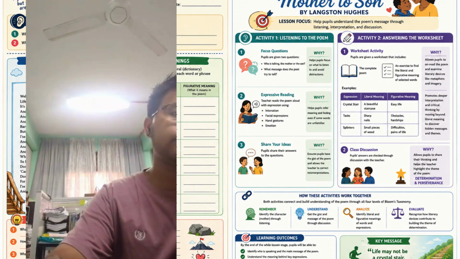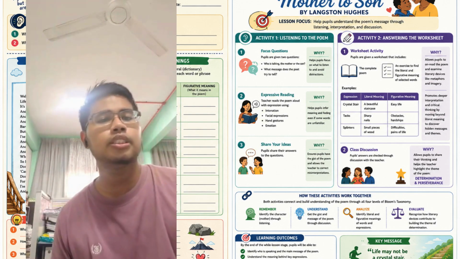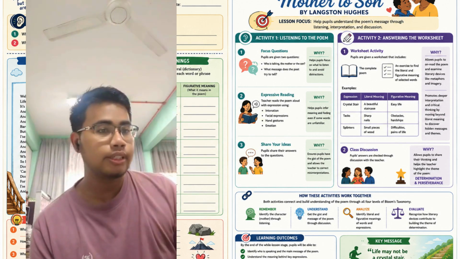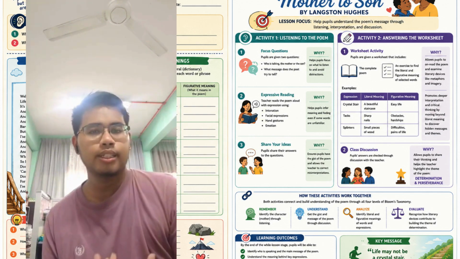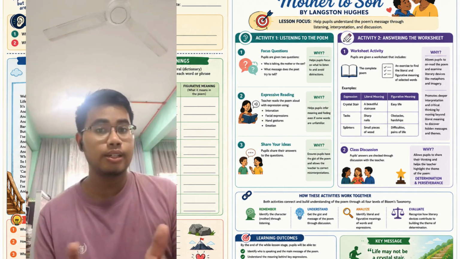So as a result, they understand the true meaning of the poem across the stages of Bloom's taxonomy thinking levels. For the listening activity, it helped students to at least memorize and identify the character, and then they try to understand.